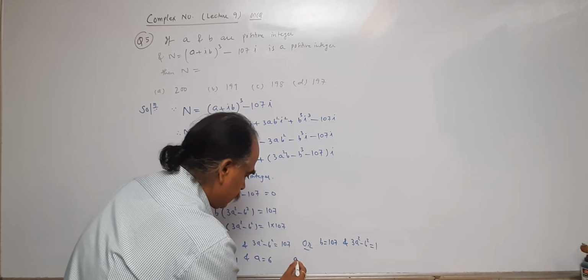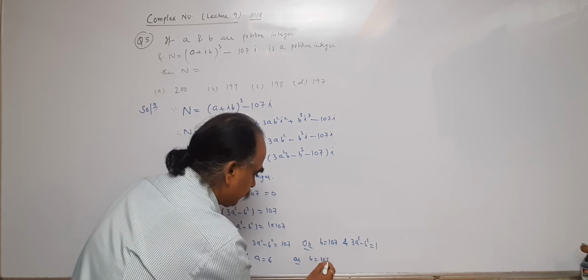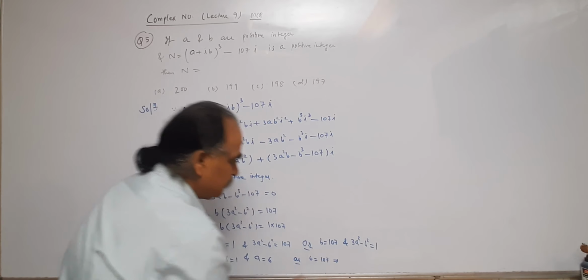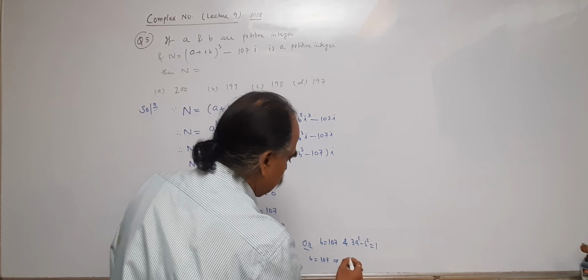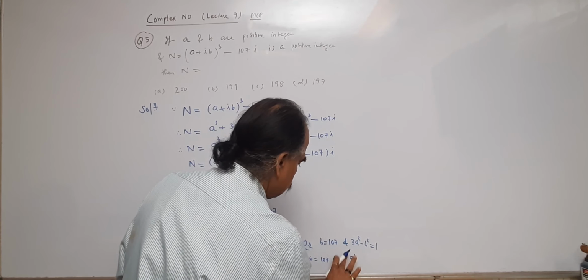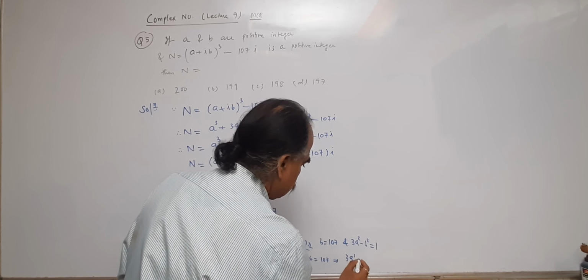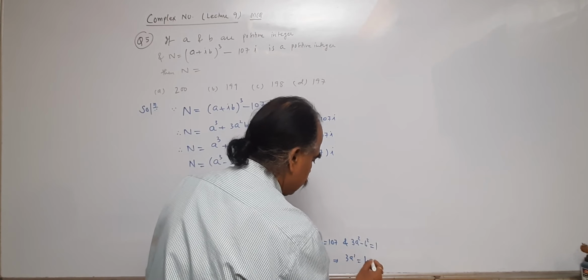Or b is 107, then 3a square is 1 plus 107 square.